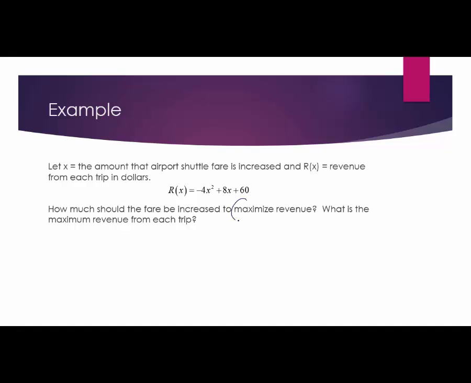Anytime I see this word maximize or perhaps minimize in another example, when I know that I have a quadratic function, and in fact I even know that because my coefficient on x squared is negative, this opens down, maximizing makes me think vertex. The vertex has two coordinates, it's a point, so we've got an x value and an r of x value from my vertex.